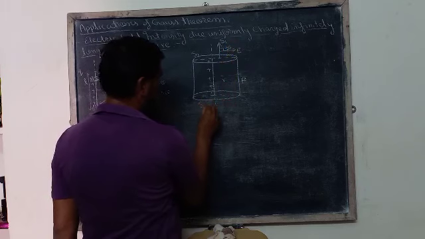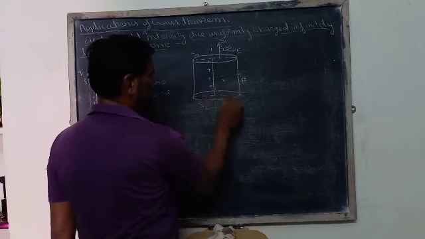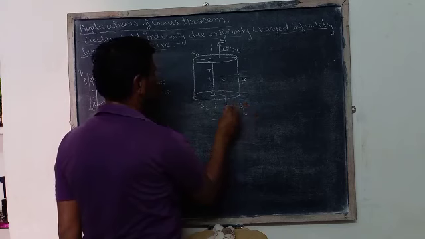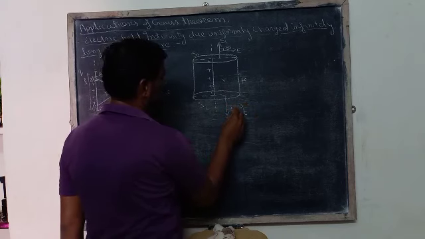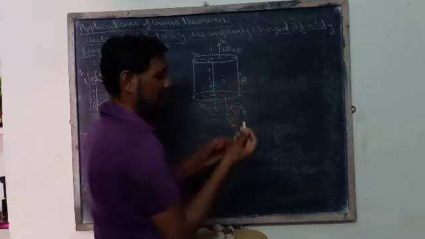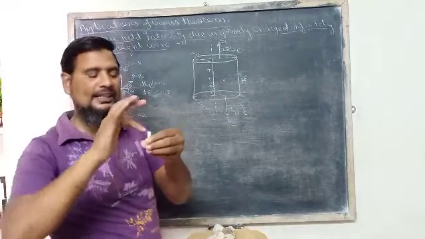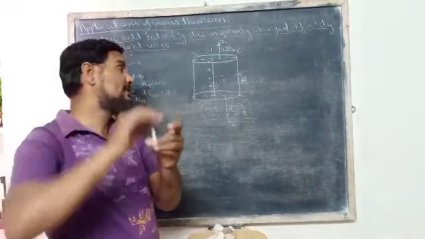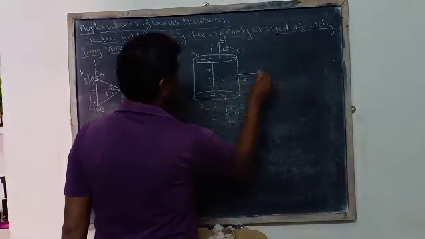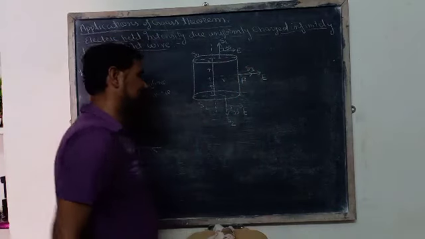For the surface S2, the direction of S2 will be this, perpendicular to the circular surface, and the electric field intensity will be perpendicular to the wire, so they are also perpendicular, meaning 90 degrees. And now at point P, the curved surface: this is the upper circular surface, this is the lower circular surface, and this is the curved surface. For this curved surface, the electric field intensity E and the surface S3 are along the same direction.